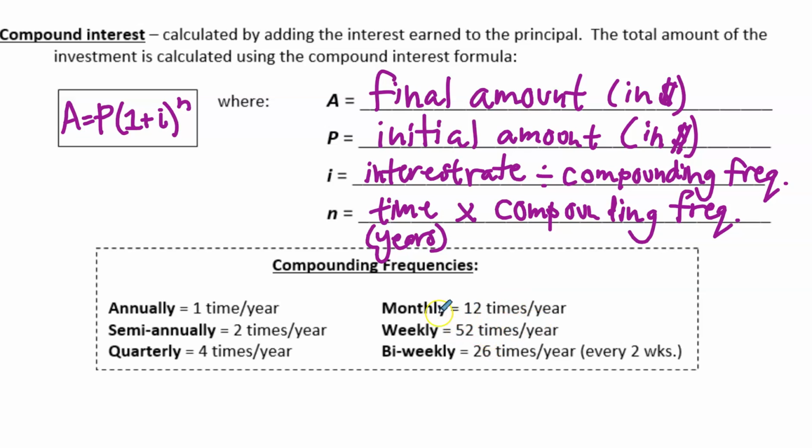So if interest gets added monthly, and it's for 2 years, it's actually going to be added 24 times, right? 2 years times 12 times a year. So that's what our N is going to be. Okay, our interest rate back up here also still needs to be in a decimal, by the way. That didn't change, I just forgot to write it. Okay, and time is still in years.